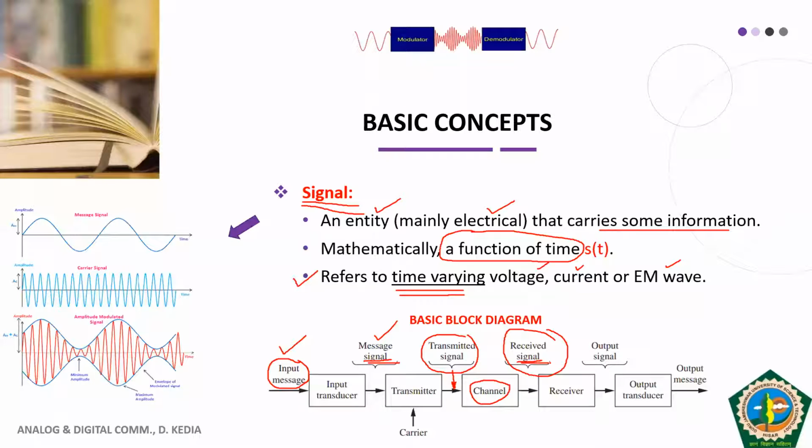At the output of the receiver, again it is a signal, the output signal. When by using the output transducer we convert it into non-electrical form, it becomes the output message. So try to distinguish: when we have non-electrical form of things, we call it input message or output message, whereas when we have an electrical entity associated with it, we call it a signal.